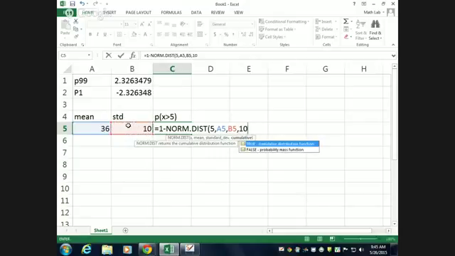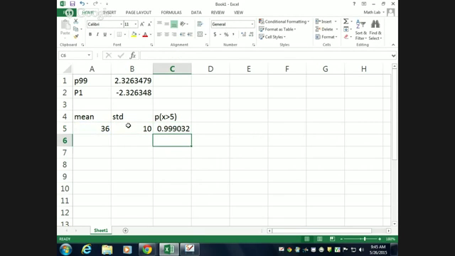Always a 1 for the normal. Oops, that's not a 1. There we go. Enter, and I get 99.90-ish, 99.9%, which is roughly what I was expecting from the picture.